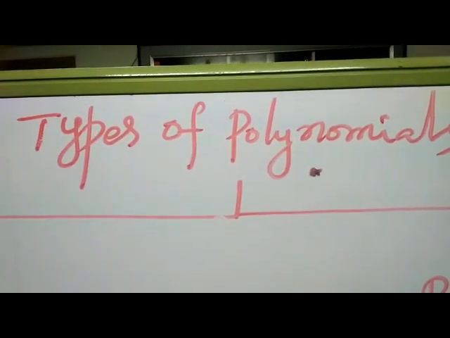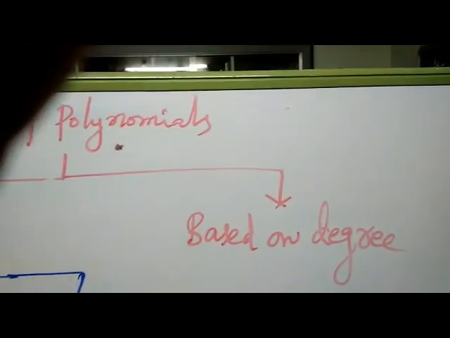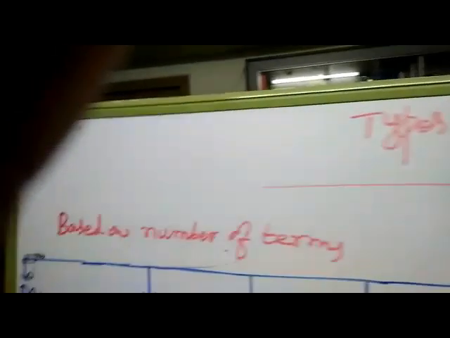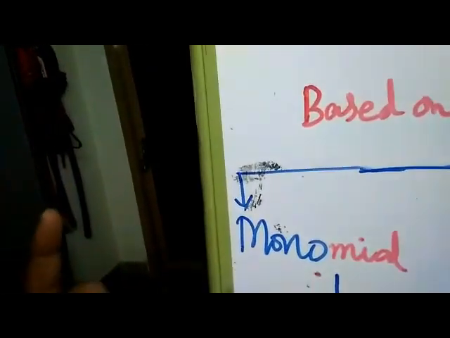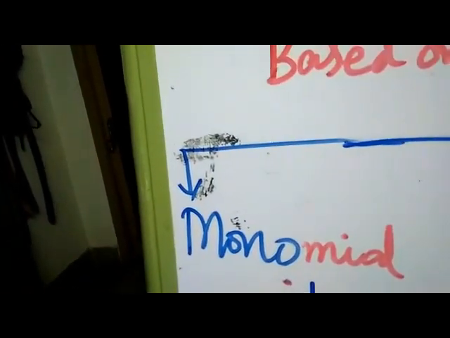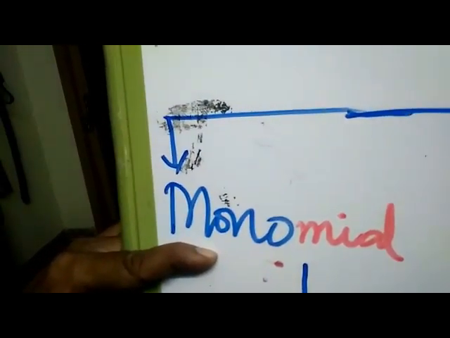Types of polynomials based on number of terms and based on degree. Today we are going to discuss based on number of terms. If a polynomial has just one term, mono means one, that is called a monomial.